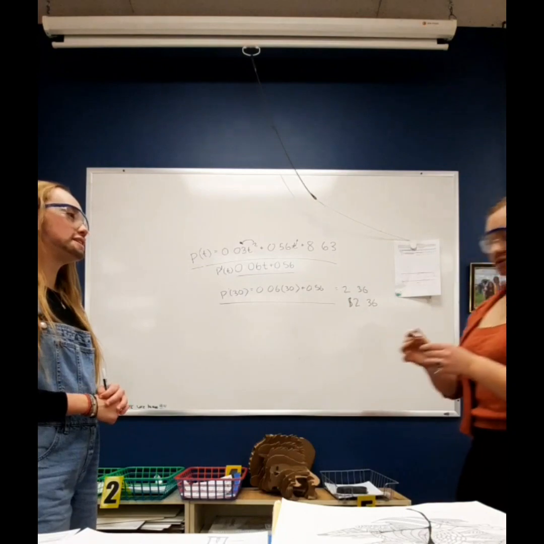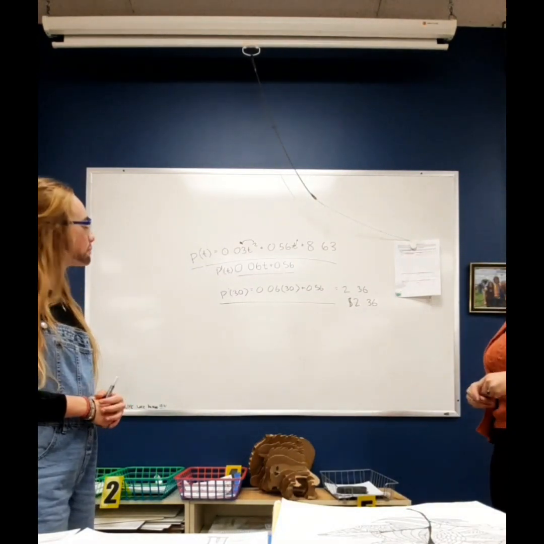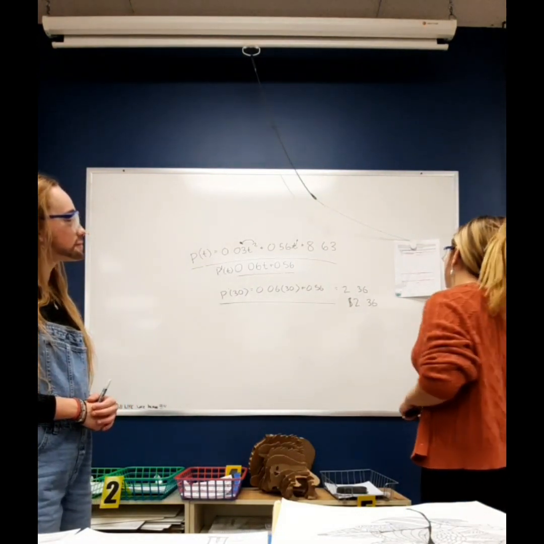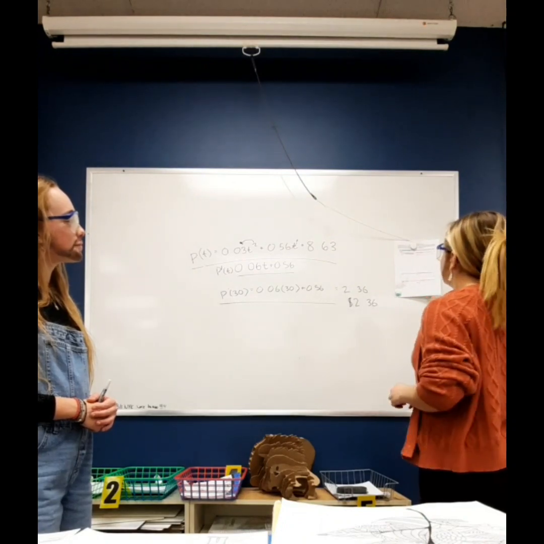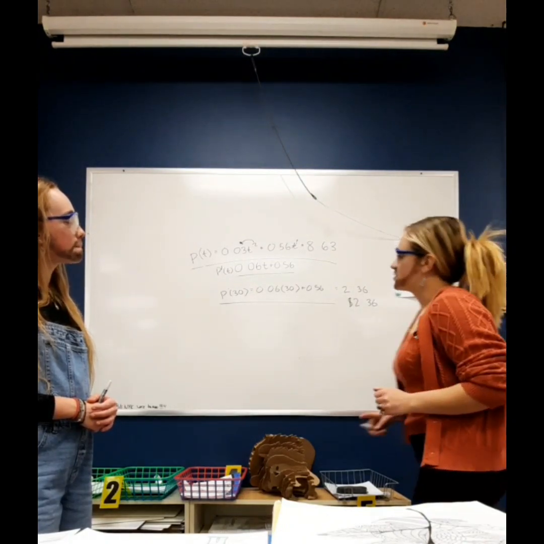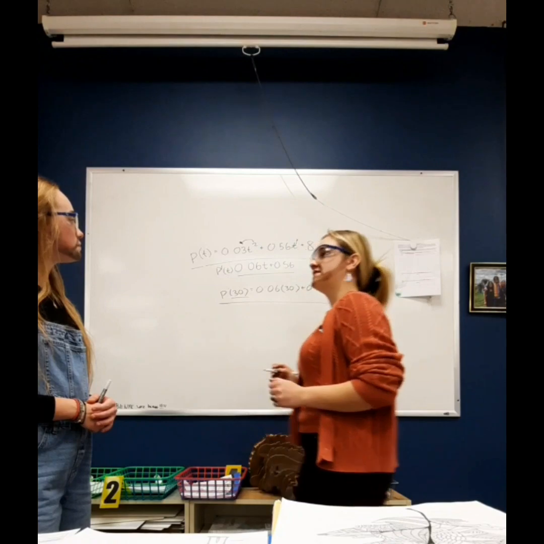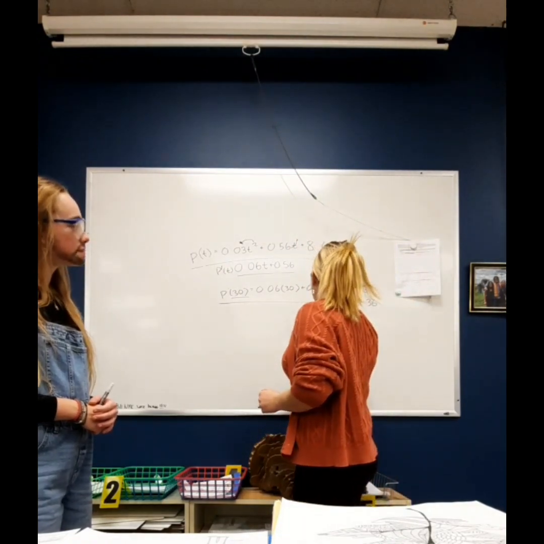So how do we put this in a sentence? Well, we can think about what the context of the question is. It is saying that t is the number of years since 1991. So 30 is 30 years since 1991, or 2021.